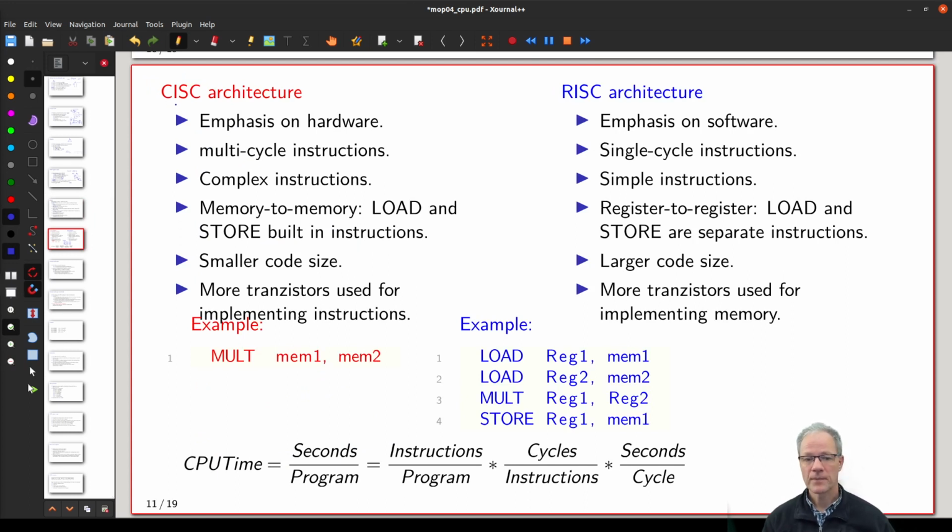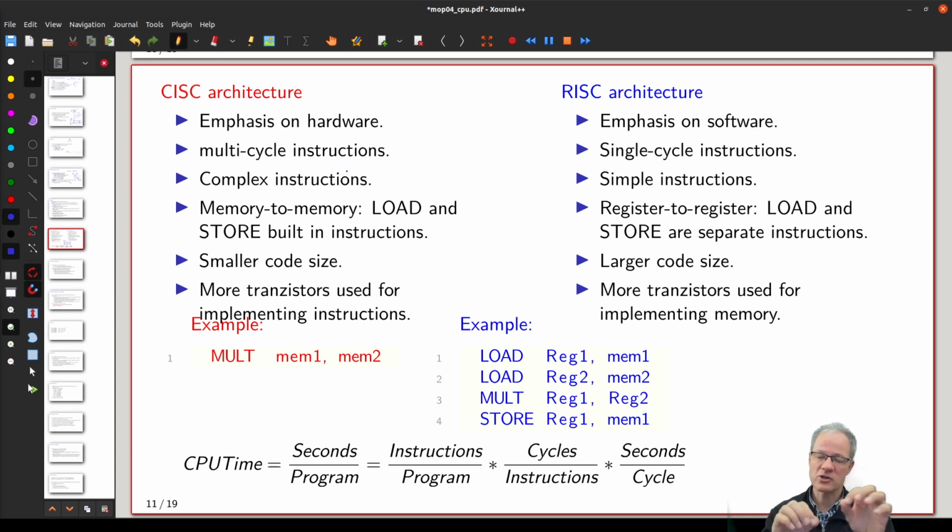So let me talk a little bit about the architectures that processors are usually built on. The two classic ones are the CISC architecture, which means complex instruction set, and RISC, which means reduced instruction set. One of the main ideas of CISC is that we have instructions that are very smart. They can do a lot of things in one instruction.